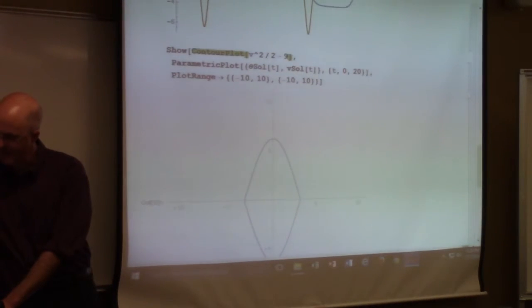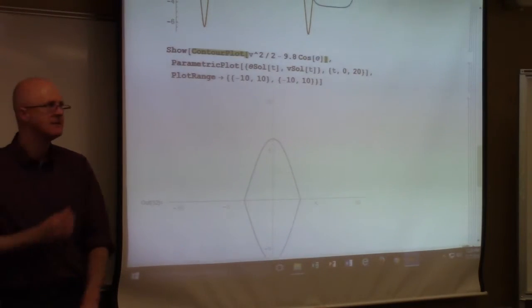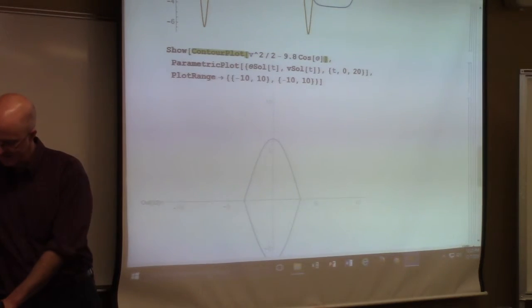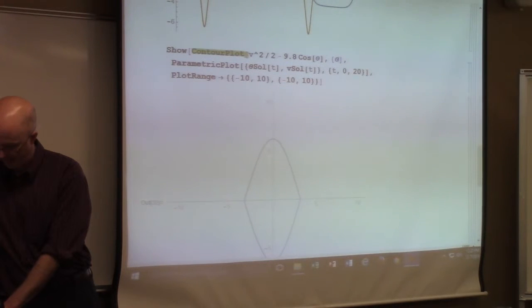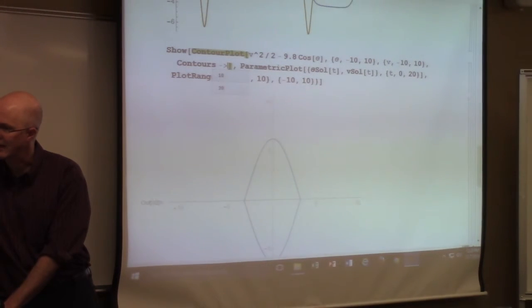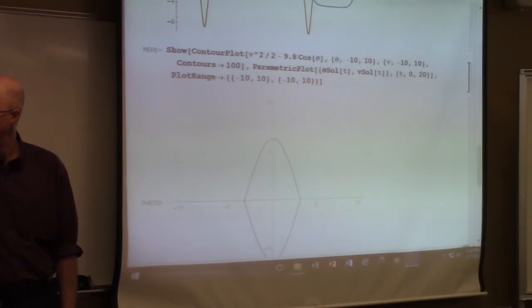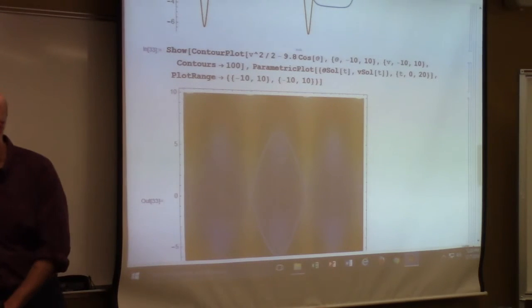Minus 9.8 cosine theta. Is that potential energy? Theta goes from negative 10 to 10. V goes from negative 10 to 10. Let's put a lot of contours in here. Kind of hard to see there.